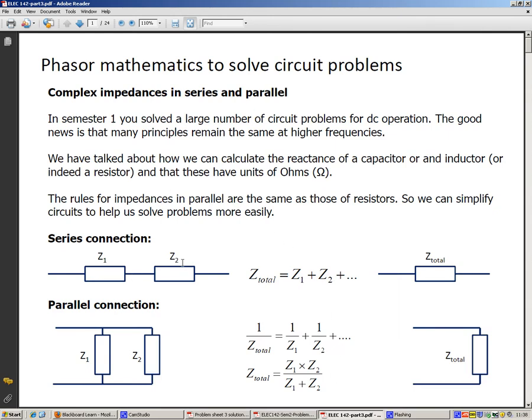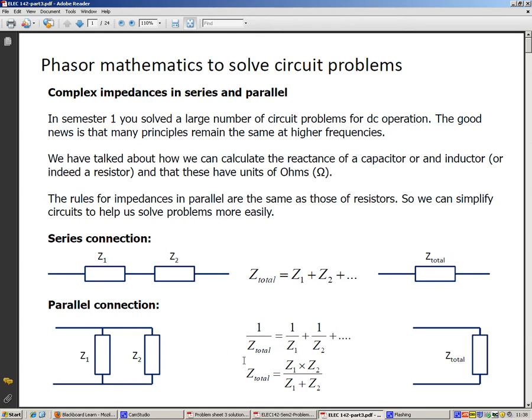When we have two complex impedance components in parallel, they behave the same as resistors. So 1 over the total impedance is equal to 1 over the impedance of each of these components added together.